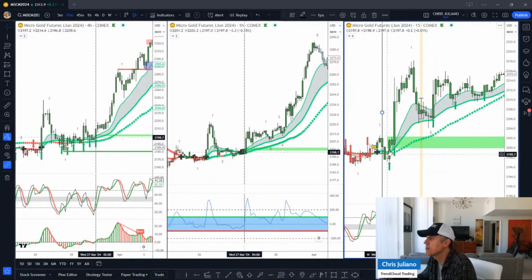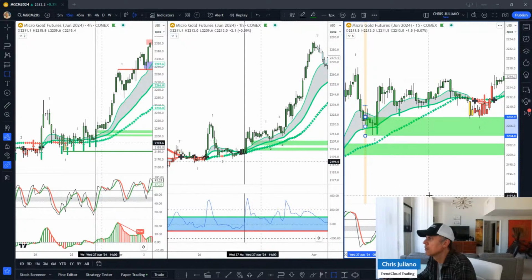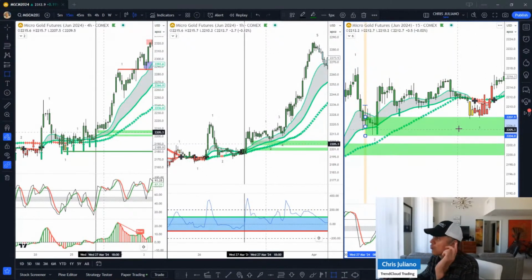This retest here. Now we've got this, okay? We move forward a little bit more. Now we have this demand zone. Look at that. Pulls back, retests this.